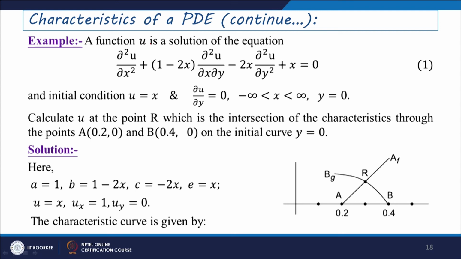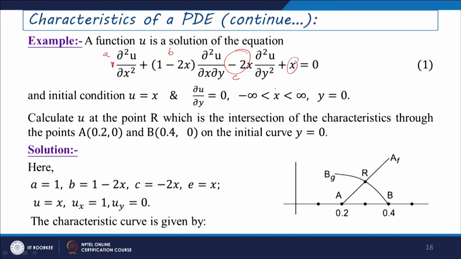If you consider the coefficients of this characteristic equation, they can be written as A equals 1, B equals 1 minus 2x, C equals minus 2x, and E equals x.